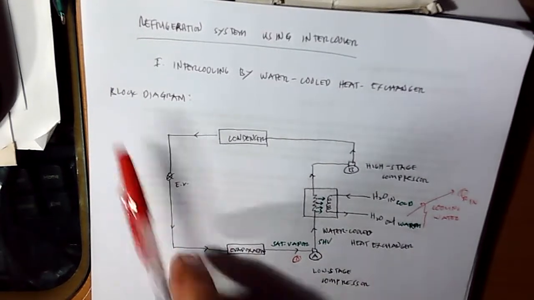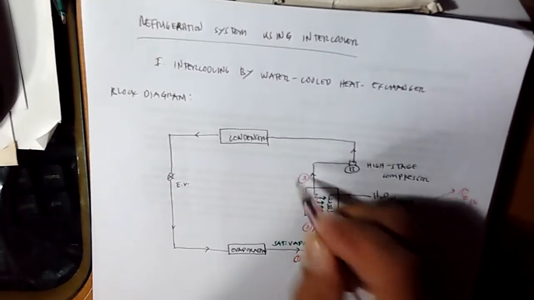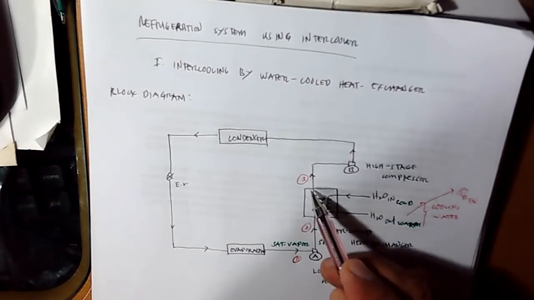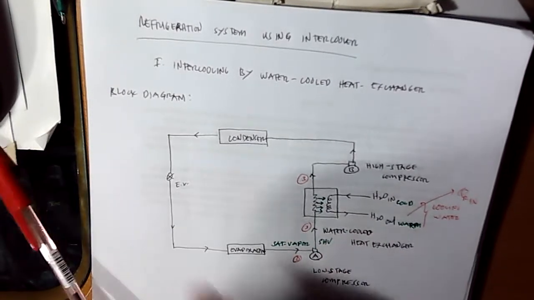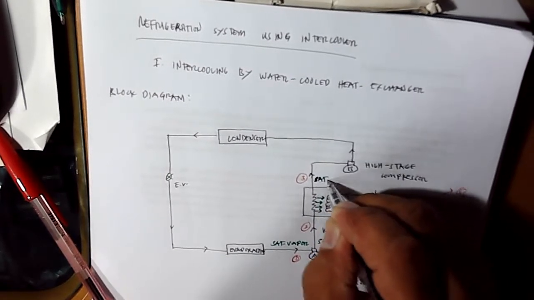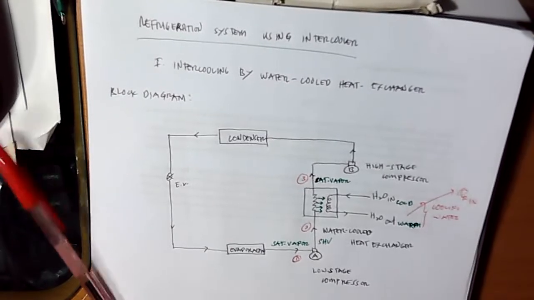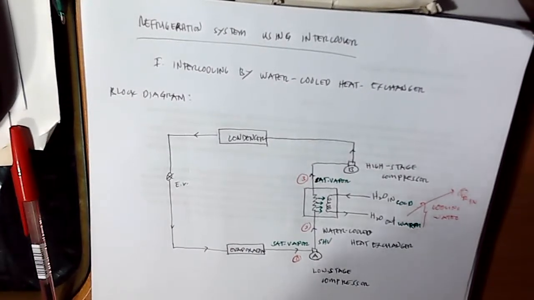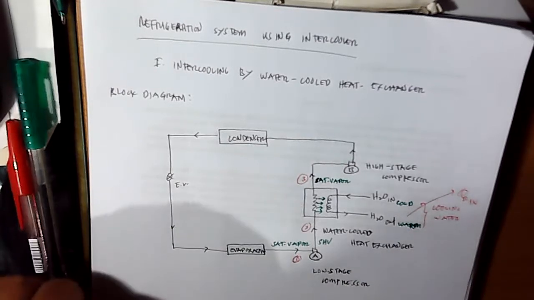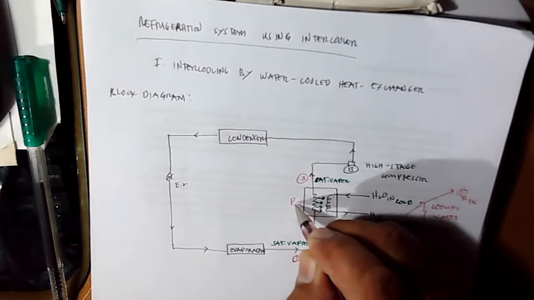Since this is your point 2, at point 3 the condition of your refrigerant is once again converted into saturated vapor. Your intercooler or water-cooled heat exchanger is also a constant pressure process.